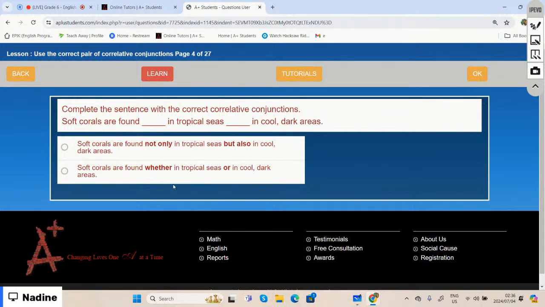All right, so if we were to choose the correct one, then we would choose option one, which is soft corals are found not only in tropical seas but also in cool, dark areas.